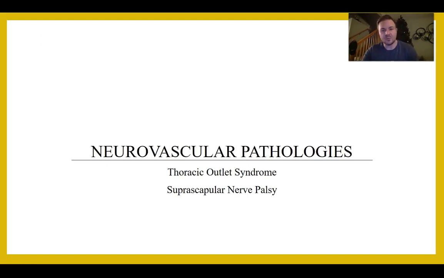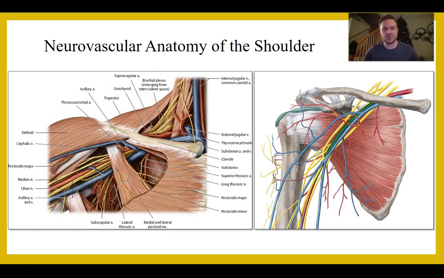With neurovascular pathologies, I think it's really important to get really intimate with the neurovascular anatomy of the shoulder. Here are two pictures that I really like. They show the complexity, and also show you how much is packed in such a tiny space in our bodies. Very complex anatomy, but we try to keep it simple.